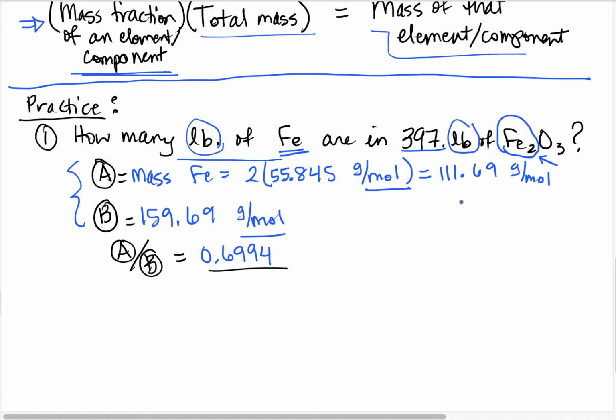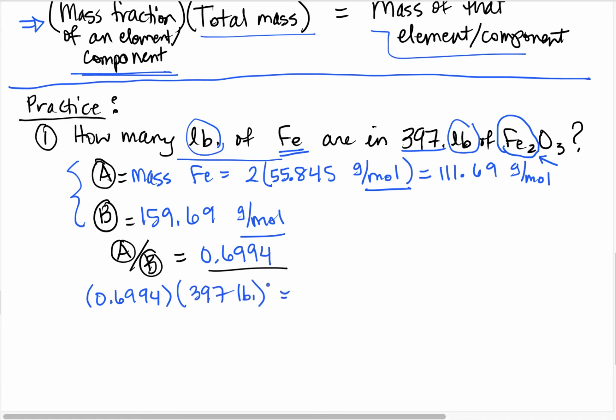The fraction has the 2 units cancel out. The grams per mole of A and the grams per mole of B just cancel out those units. So this is a unitless number, so we can go ahead and just multiply it, 0.6994, by the total mass, 397 pounds.